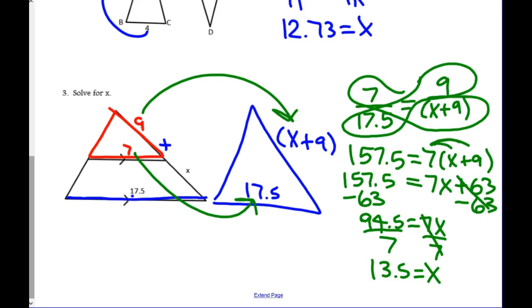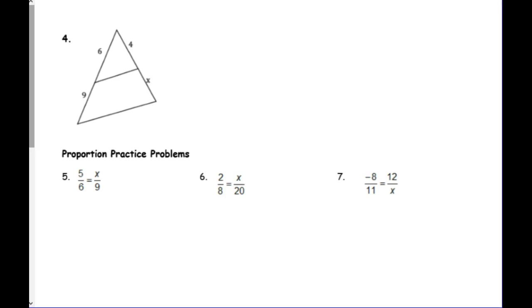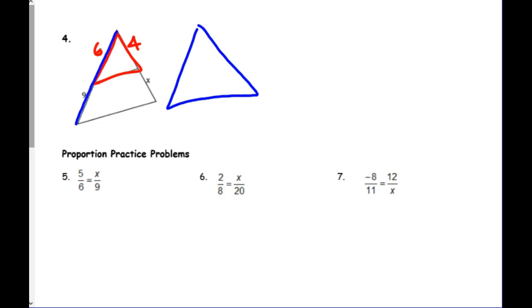Okay, to set up the next one, I'm going to let you finish it off, but on this one, the small one is 6 and 4. The big one, on the left side here, what do I do with the 6 and 9? Add them up, so 6 plus 9 is 15.